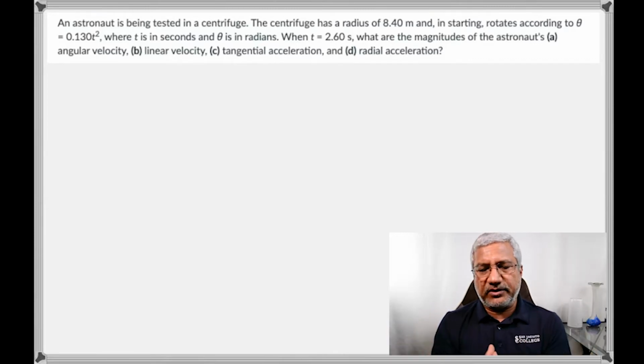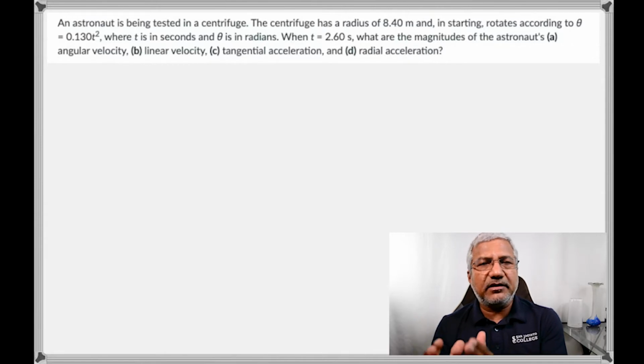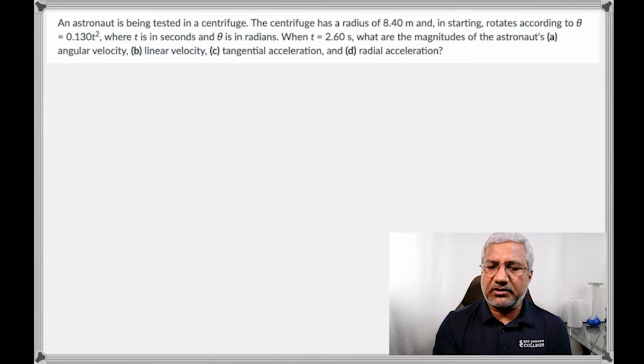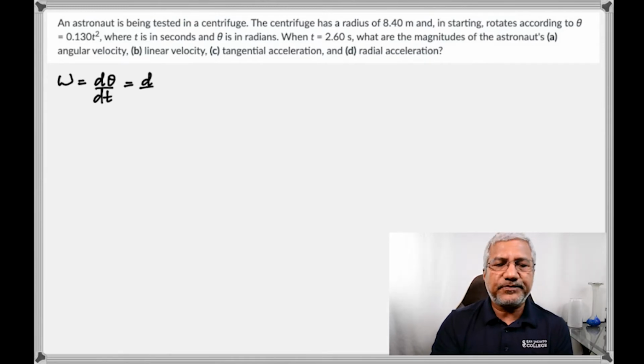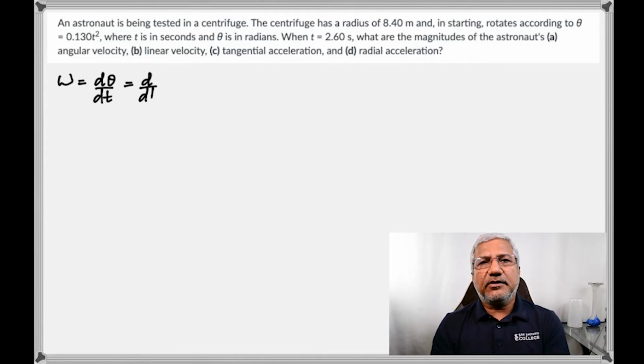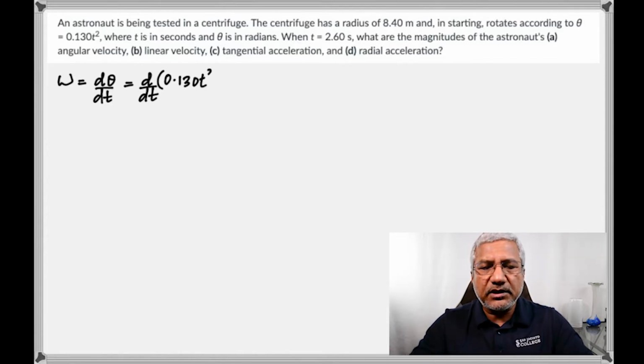So what is given is a function that represents the angle in terms of time. And from there we have to get all these terms. We know that omega, the angular velocity, is d theta by dt. Therefore, we just take the derivative of what is given, which is d by dt of 0.130 t squared.